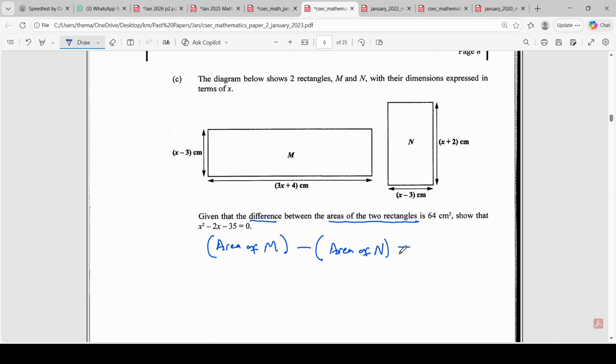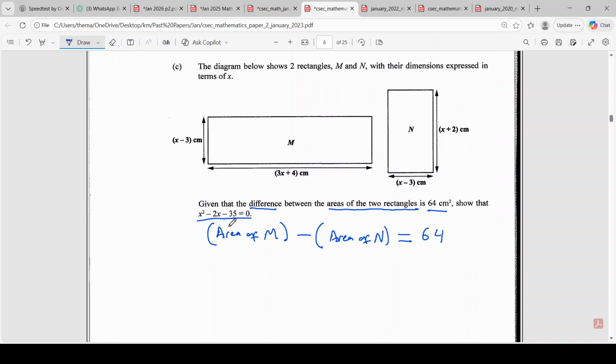And when you subtract it, the difference is equal to 64. Right, so based on the statement, that is what you have to work out here now. And they say show that x squared minus 32x minus 35 equal to 0. So our final answer has to be this.